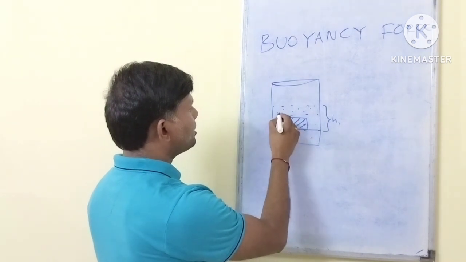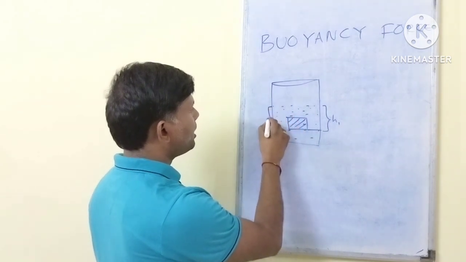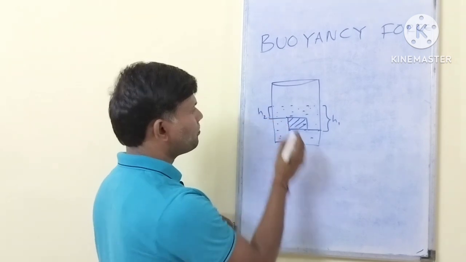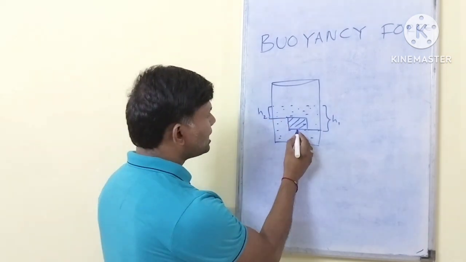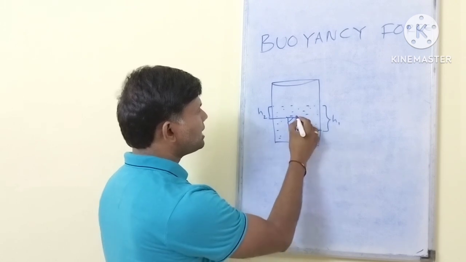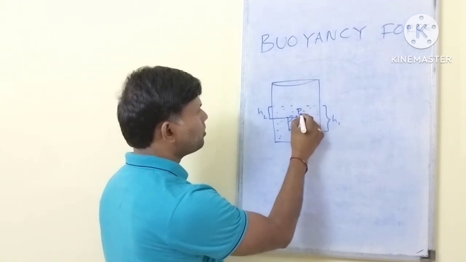At this point the depth from here to here is h2. The pressure at this point I am calling P1. Pressure at this point I am calling P2.